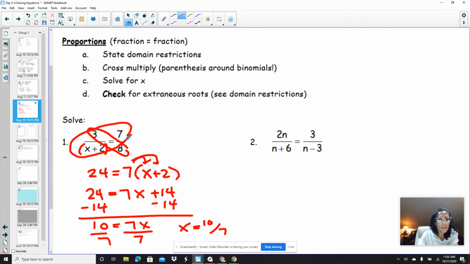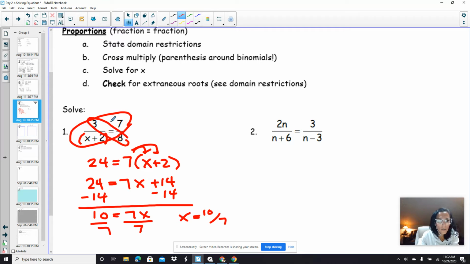Now, what we want to look for is our restrictions, variables in the denominator. And we do have an x plus 2 in the denominator. So we're going to set that equal to 0 to state our domain restriction.